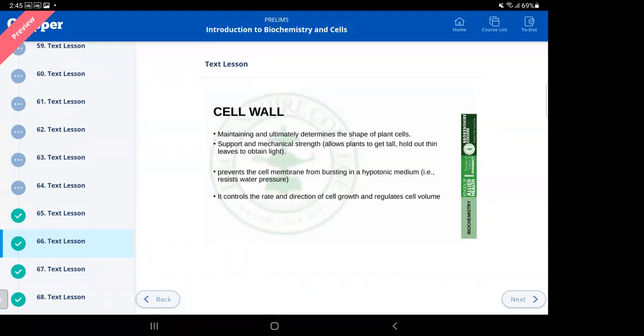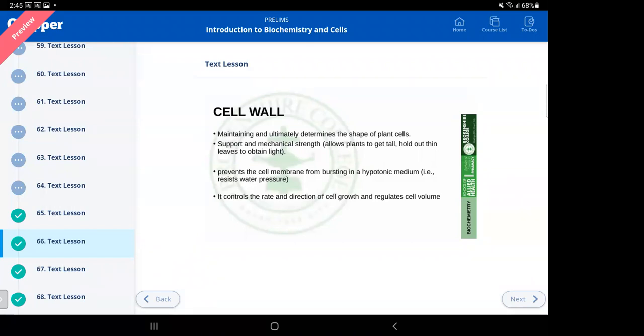Kasi ang continuation nito is the cell membrane, not regarding water. So with that, I will be including cell membrane doon sa quiz natin, if given na makapag-send ako ng video discussion under cell membrane.